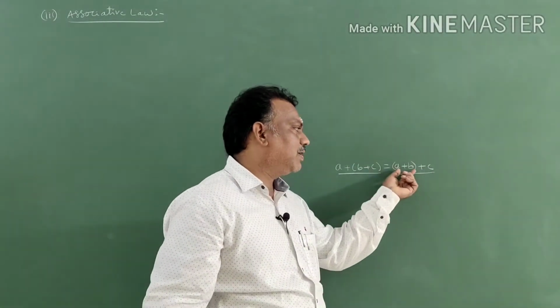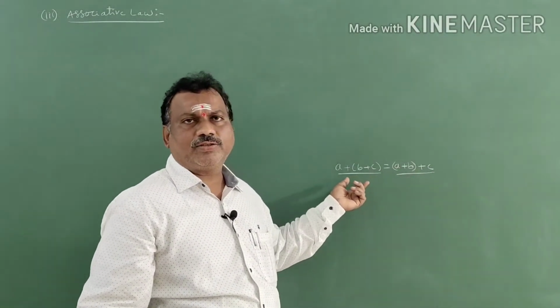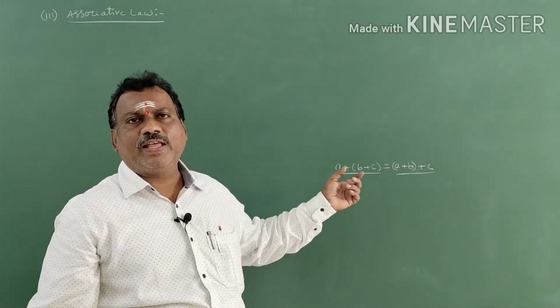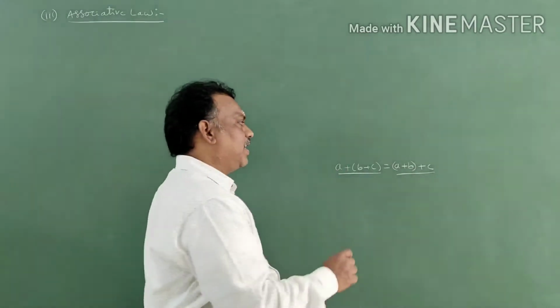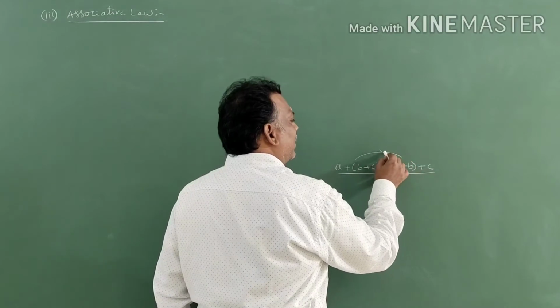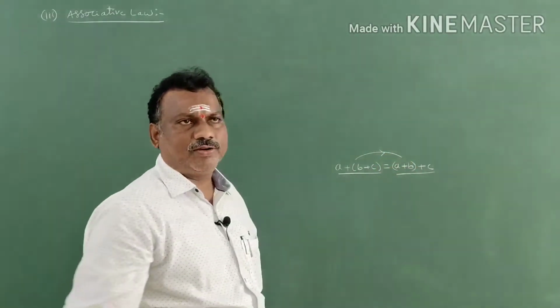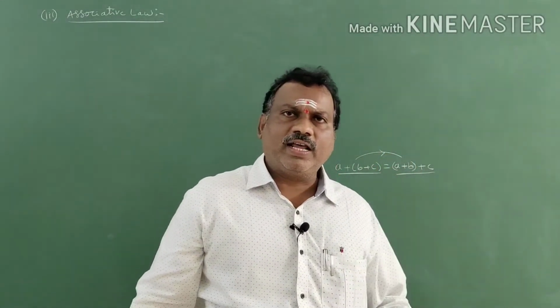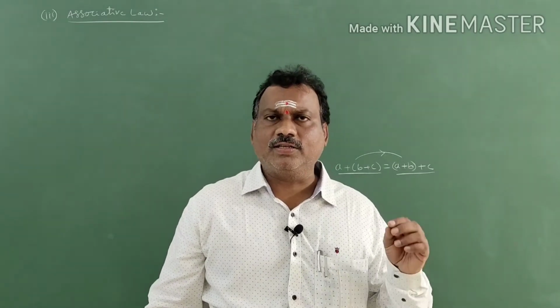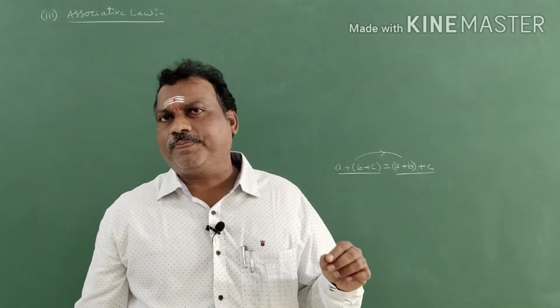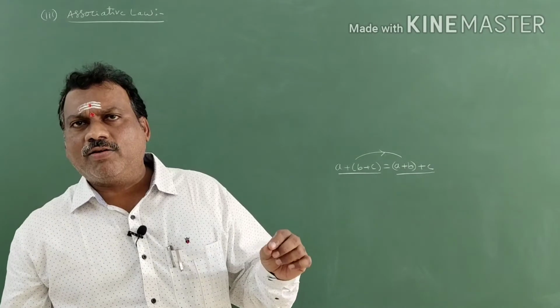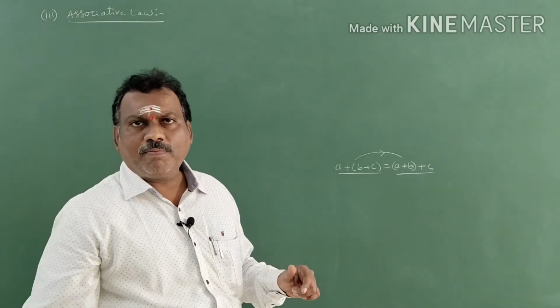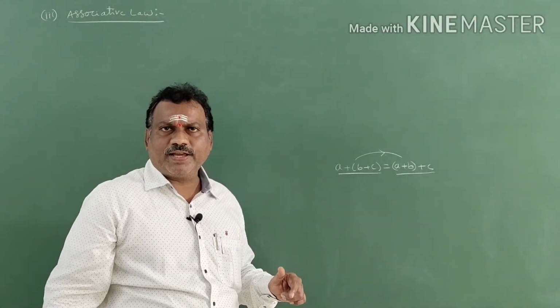Here the first two numbers have a bracket, here the last two numbers have a bracket. If they satisfy these two conditions, then we agree that it is associative. Already we proved in the lower classes that real numbers satisfy the associative property. Now we have to check whether complex numbers satisfy it or not.